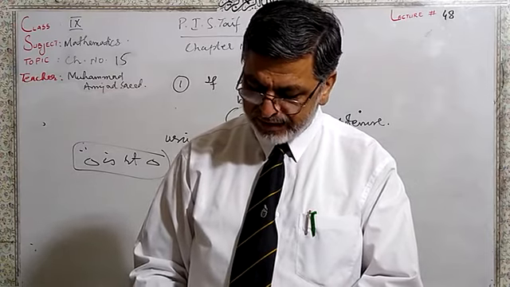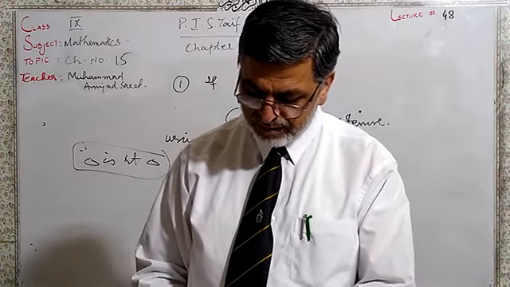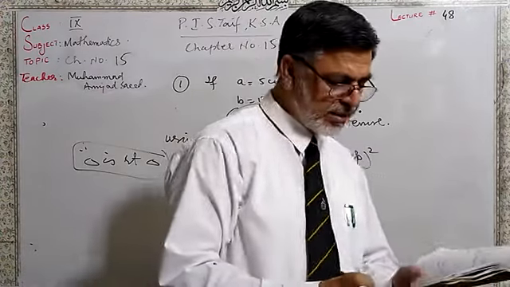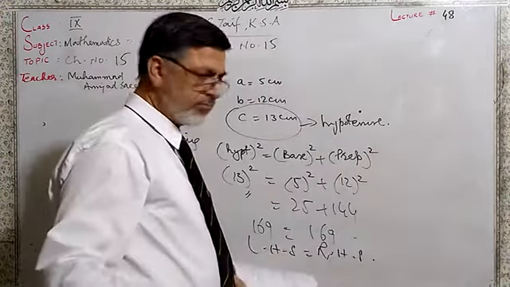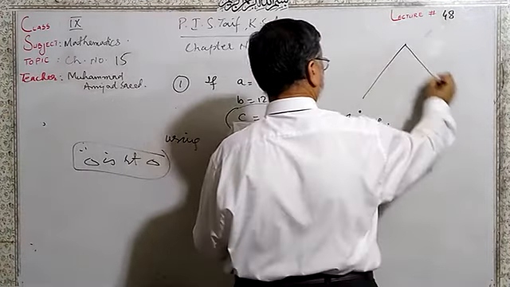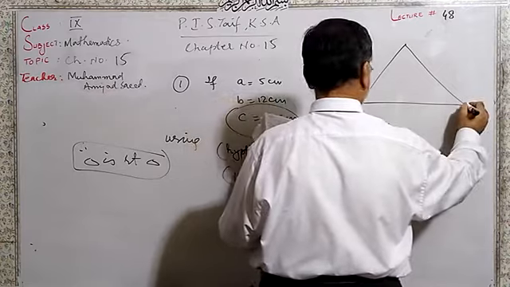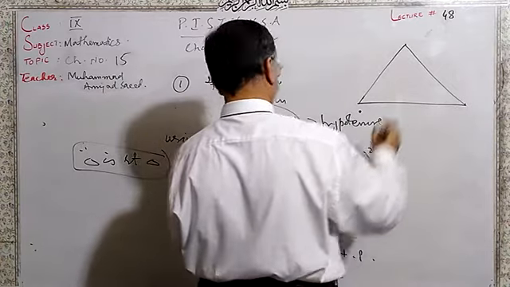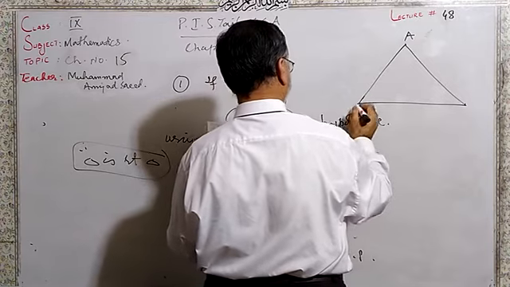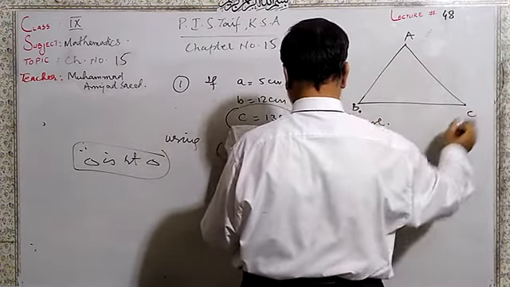And dear students, after that, we have an isosceles triangle ABC.